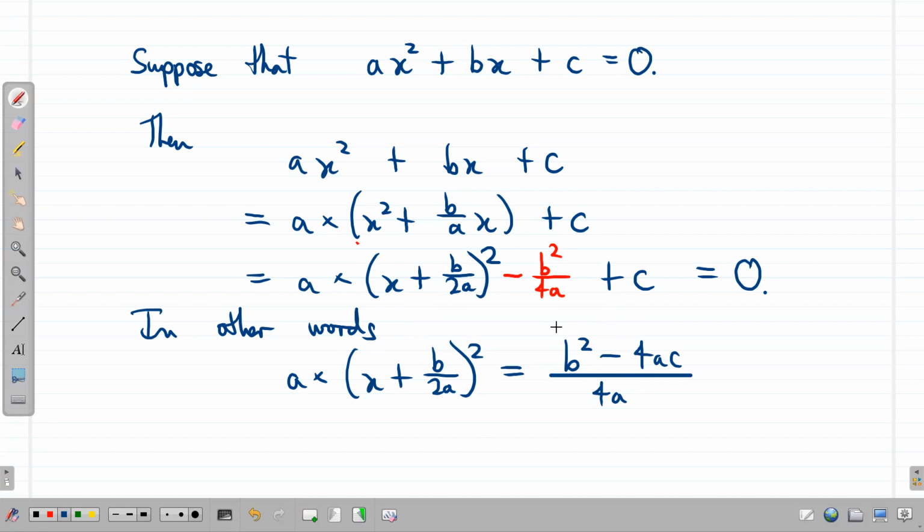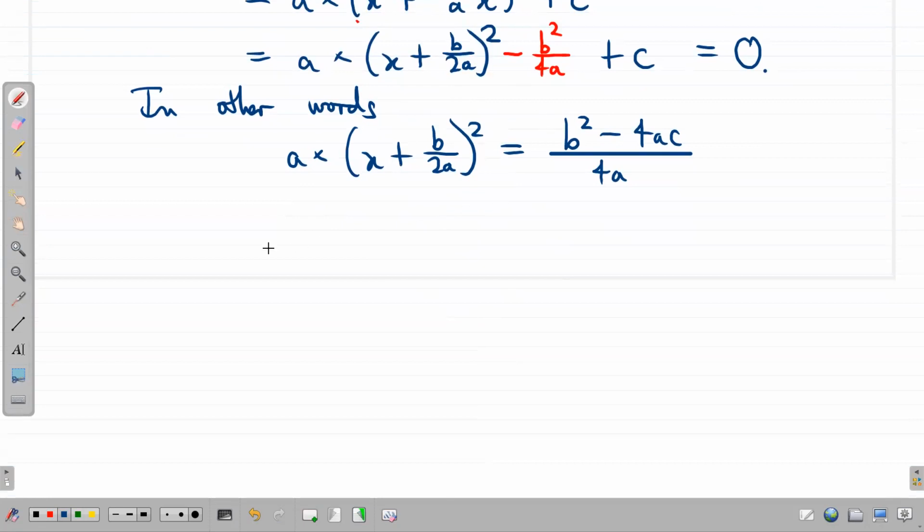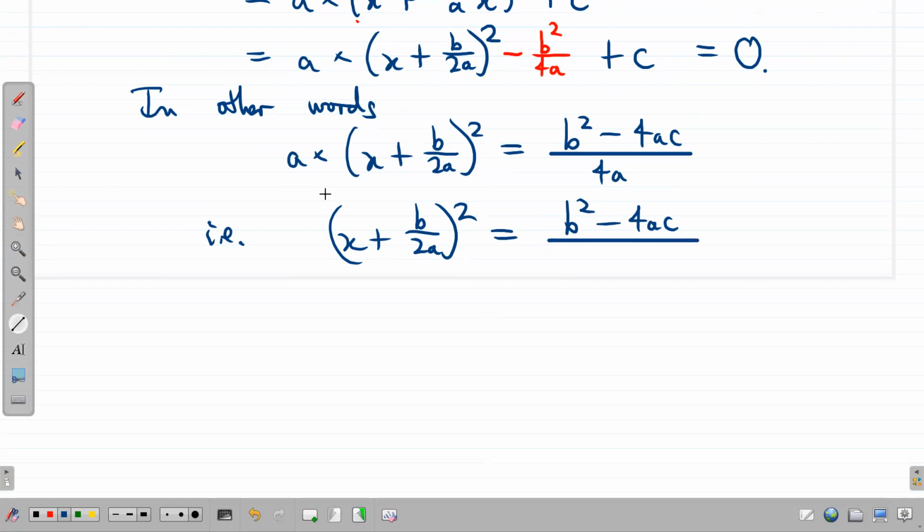Now, if I divide through both sides of this equation by a, on the left-hand side, I'll get x plus b over 2a all squared. On the right-hand side, I'll get b squared minus 4ac divided by 4a squared. But 4a squared is the same thing as 2a all squared in brackets.